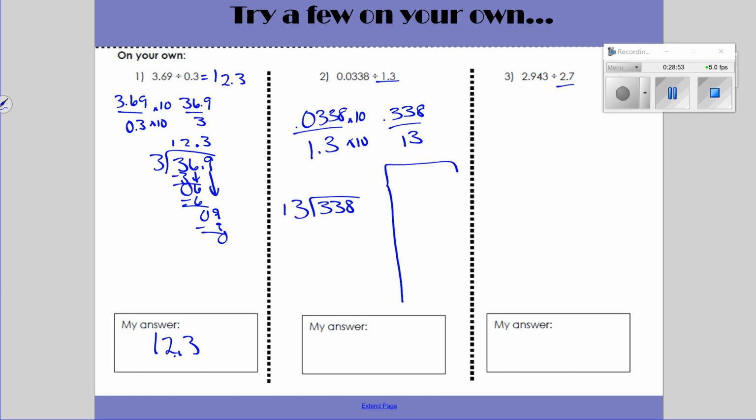Because I'm doing multi-digit, we can put together our cheat sheet real quick. So 13. Actually, if you're not using this, that's not very smart.